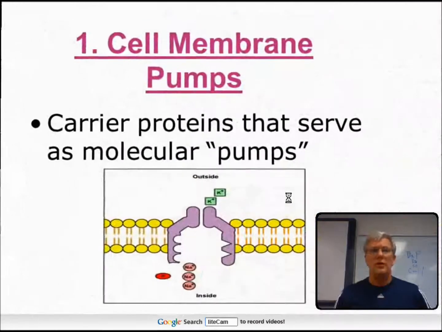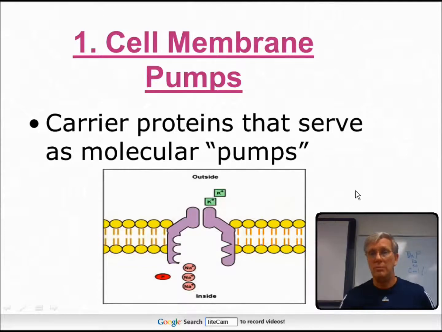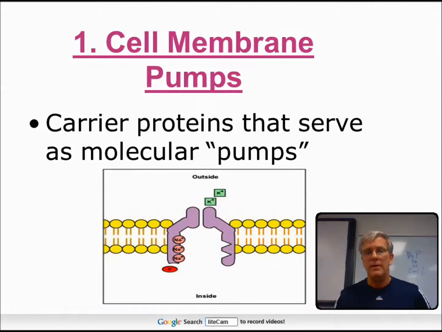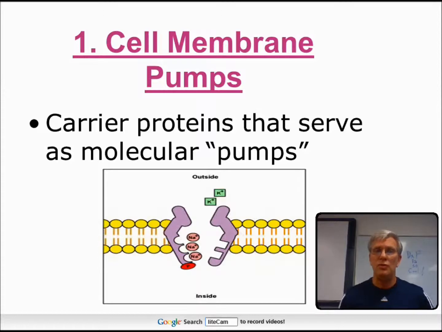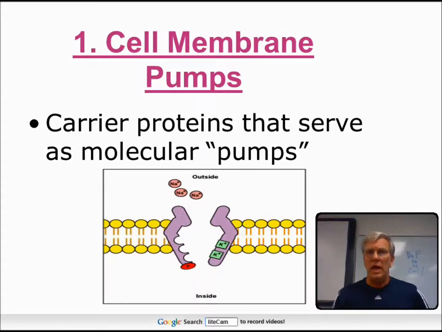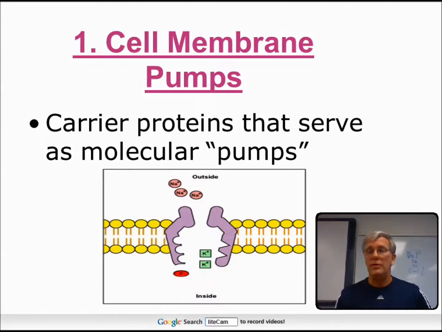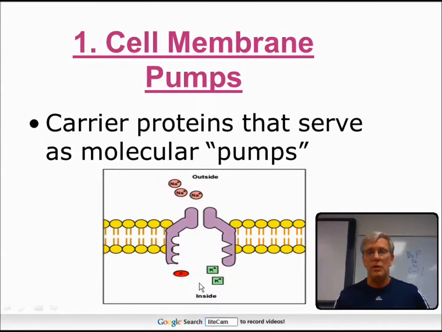So let's look at cell membrane pumps first. Cell membrane pumps are literally molecules within the cell membrane that act as pumps, and as such they can move certain molecules across the membrane, either into or out of the cell. And they have the ability to actually move molecules against the concentration gradient. They require energy.